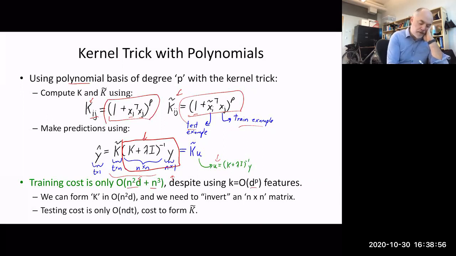And here we're talking about the polynomial basis of degree p. In fact, this is going to be true for whatever kernel function we use, because it's just functions of dot products in the original space. And the testing cost is also low. We only have to form k total, which is O(n d t), right?